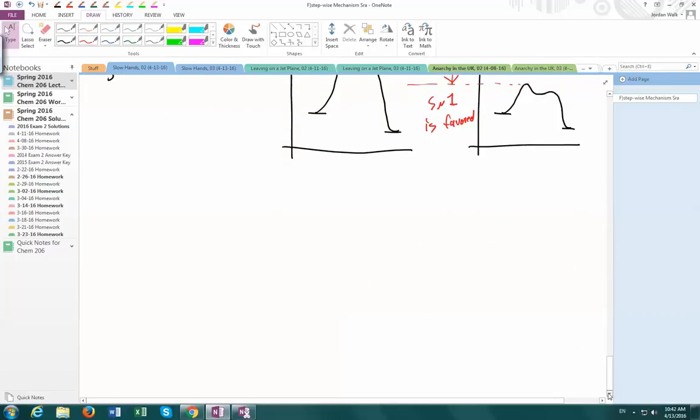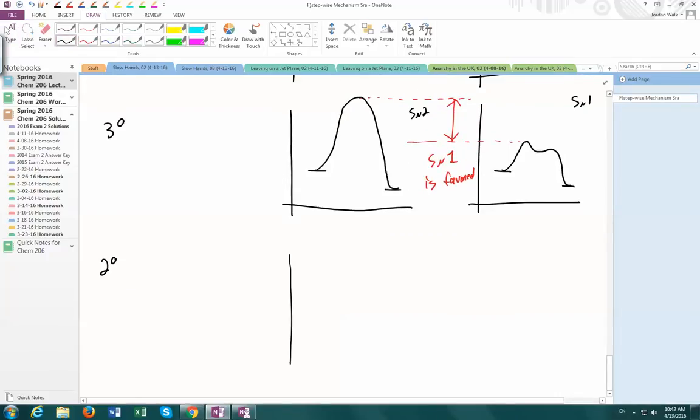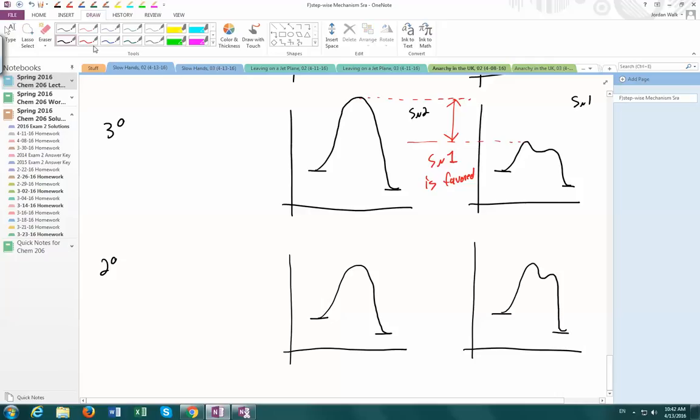And so really, what it comes down to is when we talk about our secondary alkyl bromide, what we find is the situation where, all right, so we'll have same starting material, same product. We're going to find, so for an SN2 reaction, we're going to be about right here. For the SN1 reaction, we're going to be about right here.